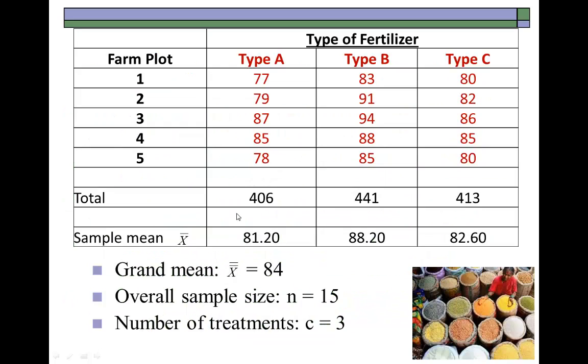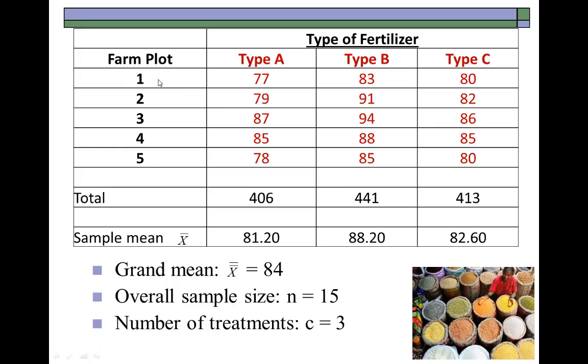So in this study, there are three types of fertilizers we wish to compare their levels of effectiveness. And the way we're going to make the comparison is by looking at the average crop yield achieved with each type of fertilizer. So here there are 5 farm plots.